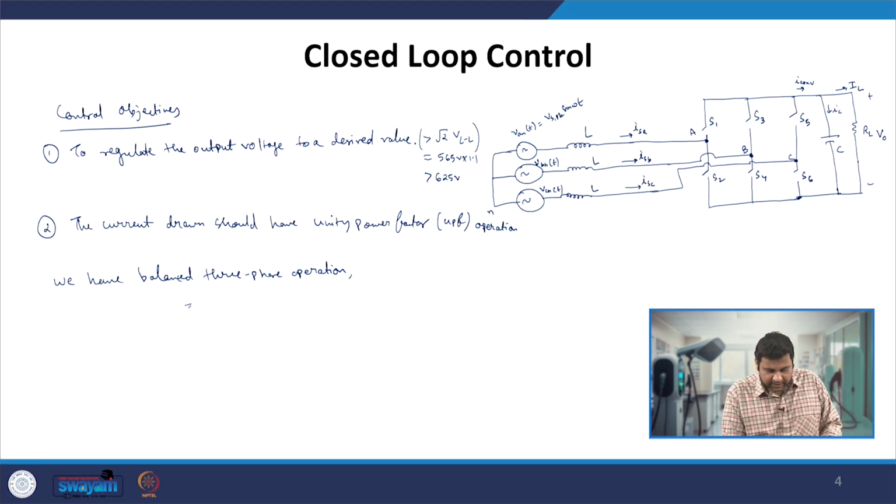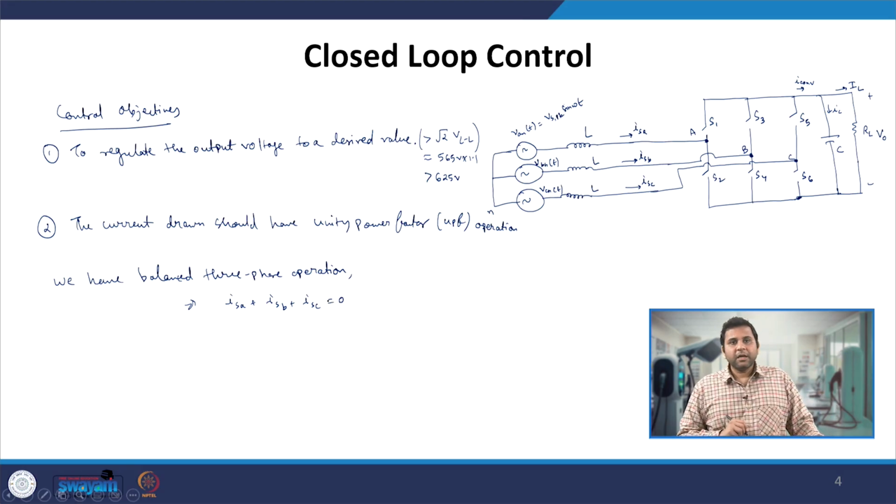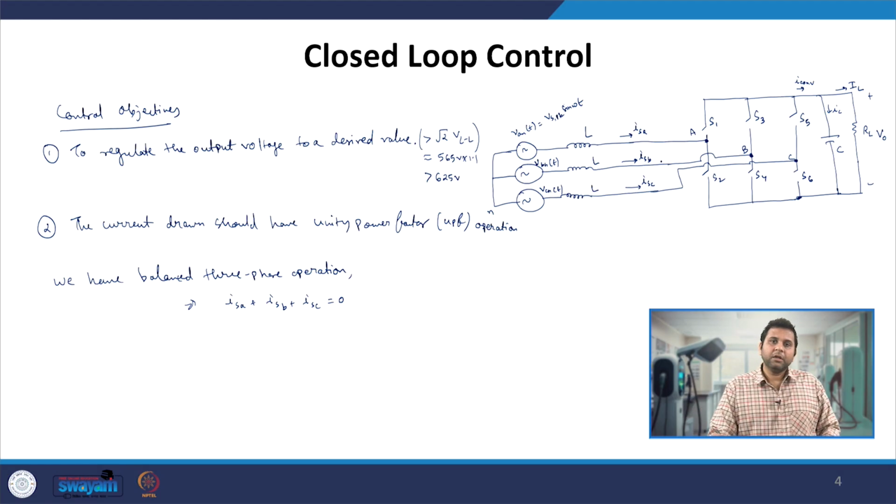that implies that at any given instance of time, my ISA plus ISB plus ISC is equal to 0. That means at any given instance of time, the summation of ISA, ISB and ISC has to be equal to 0.